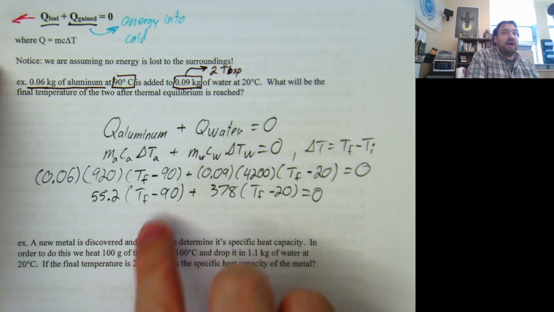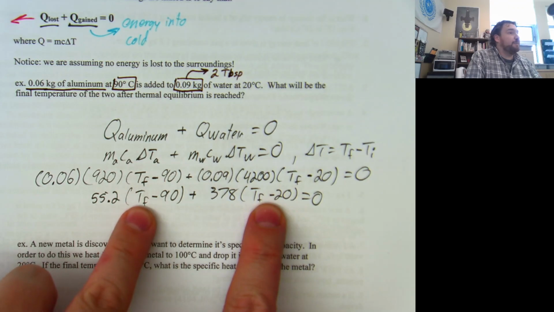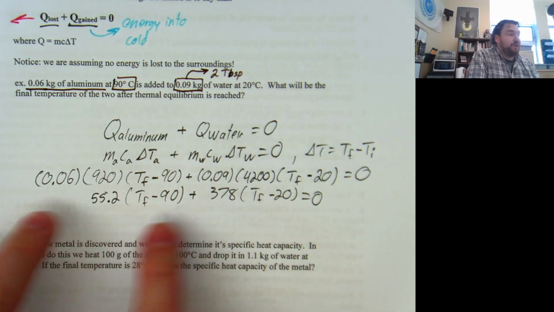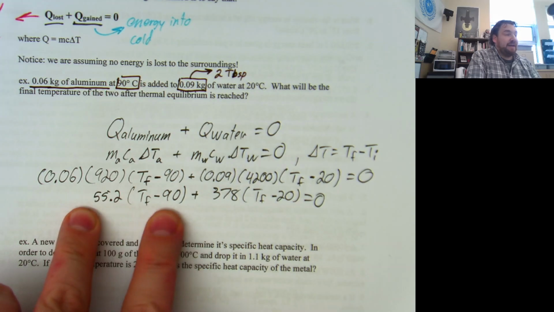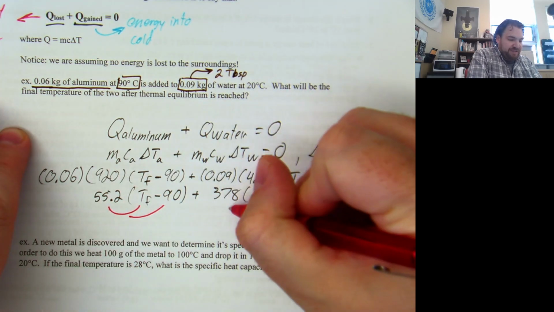And now, because the T final, the thing we're looking for, shows up in multiple places, the next step is to distribute the thing that you're multiplying each bracket by into the set of brackets. Distribute this guy here and here, distribute this guy here and here.